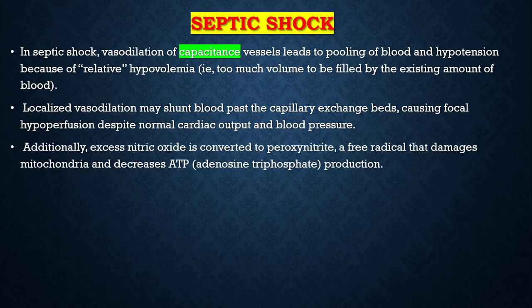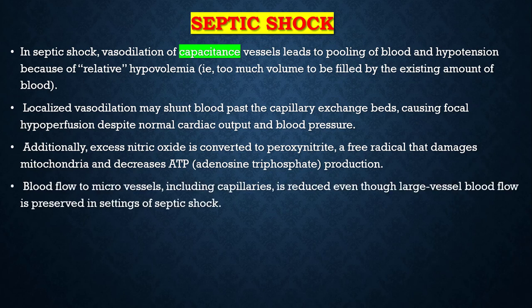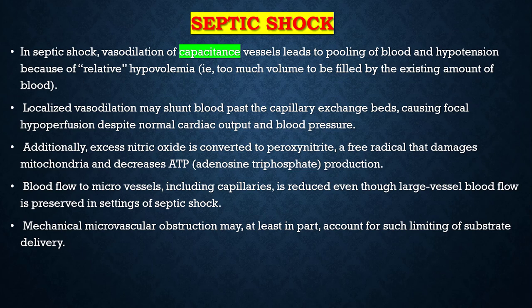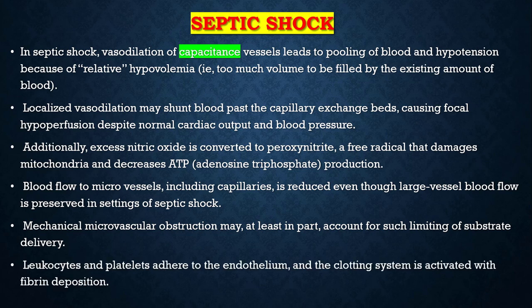Additionally, excess nitric oxide is converted to peroxynitrite, a free radical that damages mitochondria and decreases ATP, adenosine triphosphate, production. Blood flow to microvessels, including capillaries, is reduced even though large vessel blood flow is preserved, and in the setting of septic shock, mechanical microvascular obstruction may, at least in part, account for such limitation of substrate delivery.